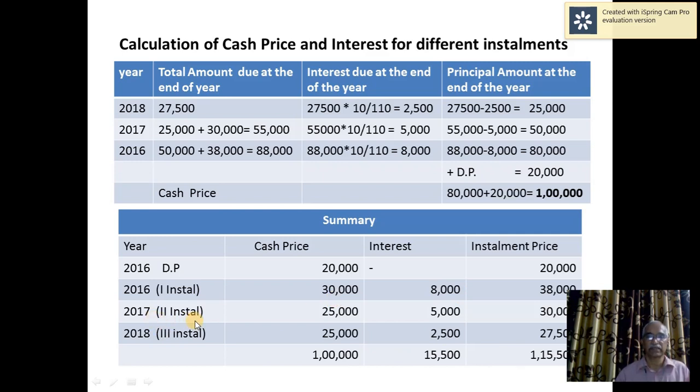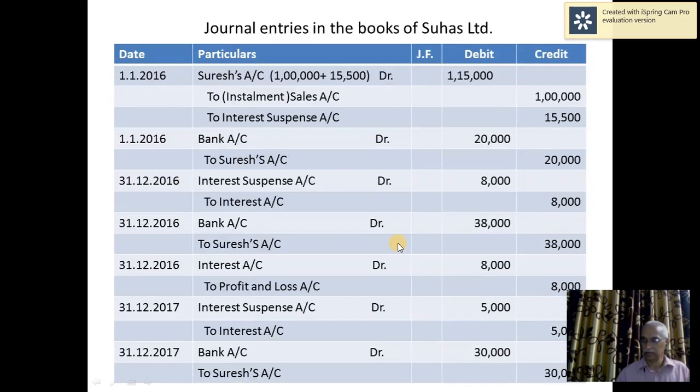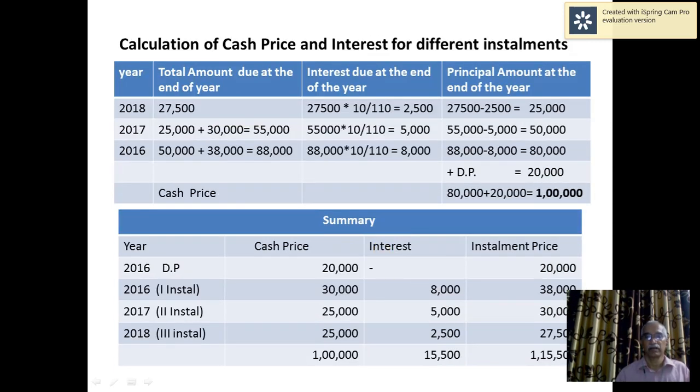We come to 2017, the installment amount is 30,000 and interest is 5,000. So 30,000 minus 5,000, you will get 25,000. Then the third year, it is 27,500 and interest is 2,500. So 27,500 minus 2,500, 25,000 is the cash price.